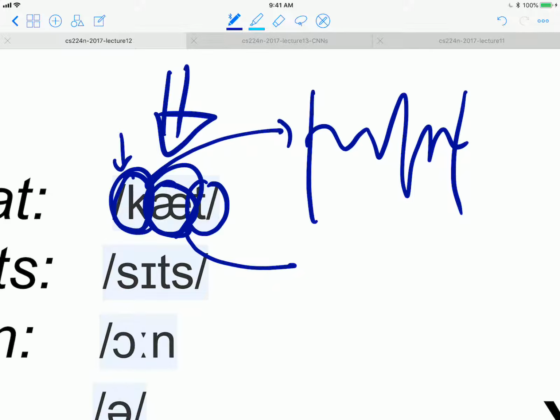It may have some variation because every person has a different voice, and it can also be elongated, for example. So m can be pronounced as a, but a also corresponds to just a single phoneme. Okay.